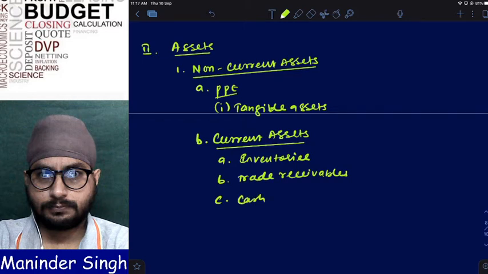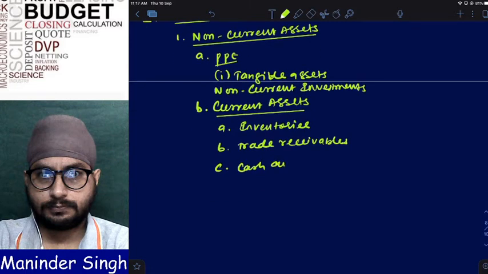Non-current investments, okay, non-current investments is there, right? Non-current investments, I'll write here. And here we have cash and cash equivalent.